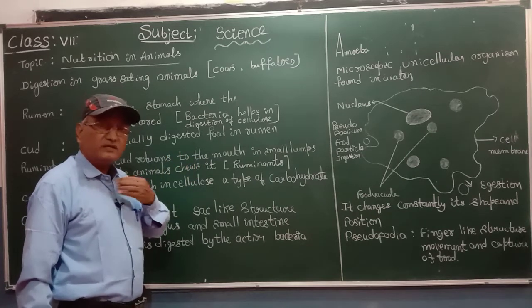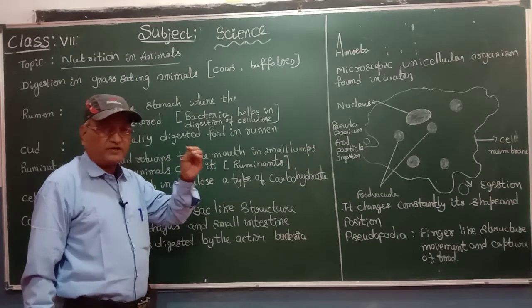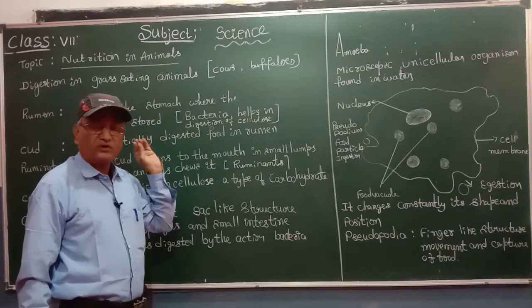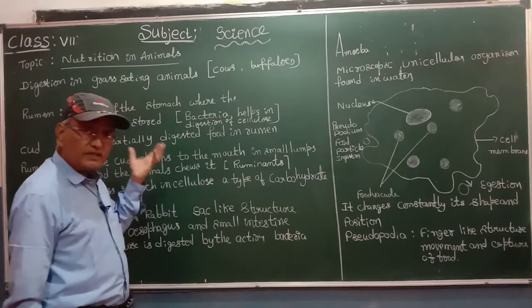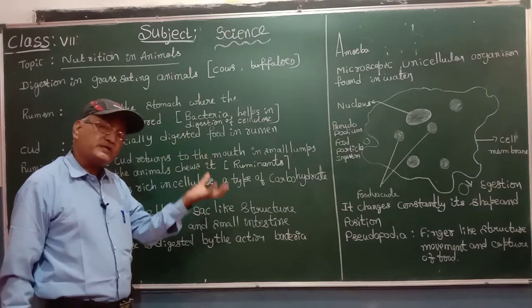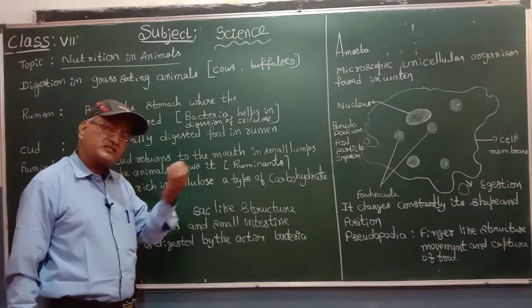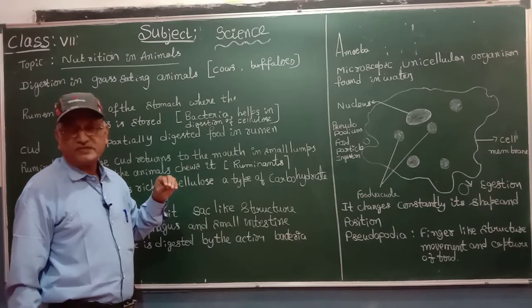We eat a very small quantity of food at different intervals, morning, afternoon and night. But animals, when they get food, eat it continuously. Afterwards they start to chew, afterwards they start to digest it. Is it clear, my children?